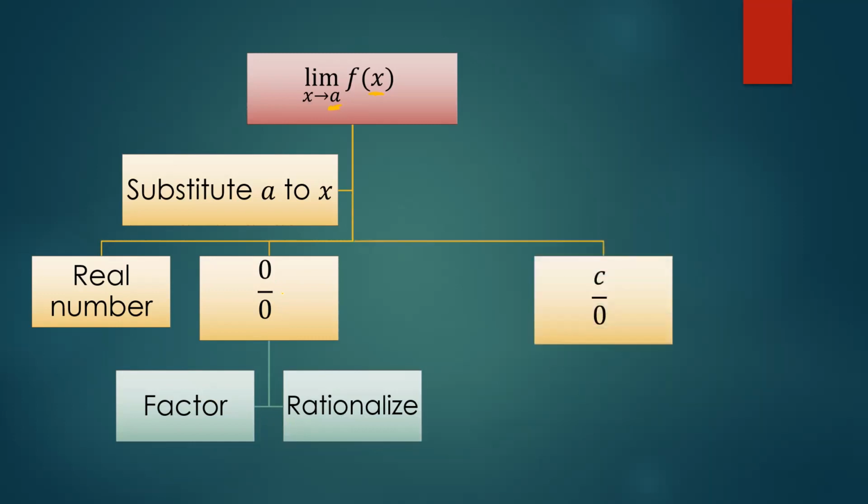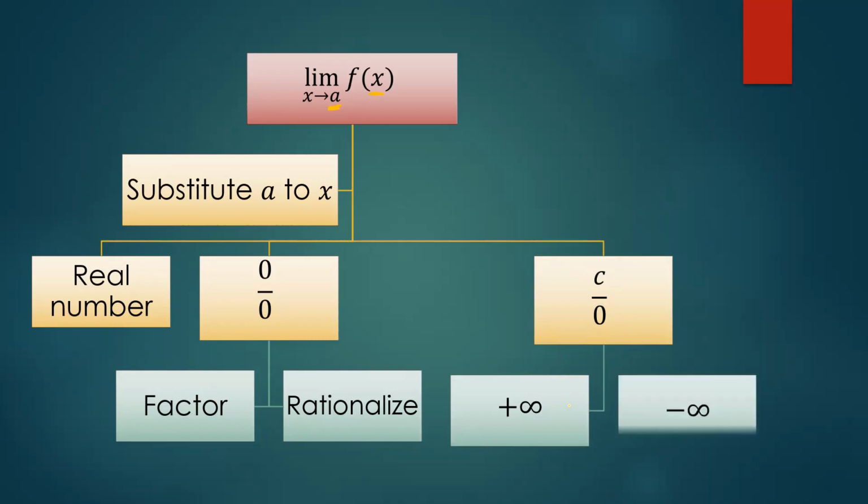Okay, magpa-factor ka or magra-rationalize. Pero kapag ang nakuha natin upon substitution is constant over 0, meaning yung constant is non-zero over 0, ang tendency, ang makukuha nating sagot is either positive infinity or negative infinity, depending on the sign of this constant and depending on the sign of the denominator before it becomes actually 0.